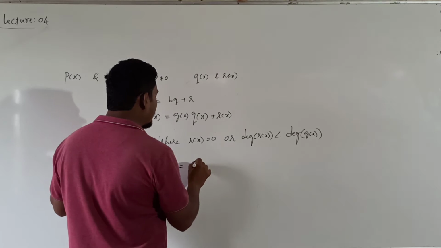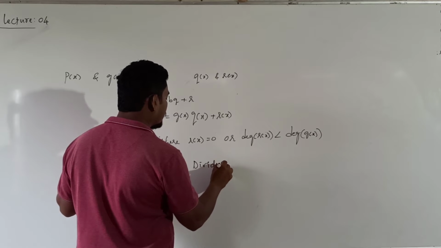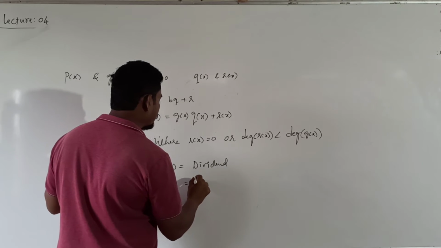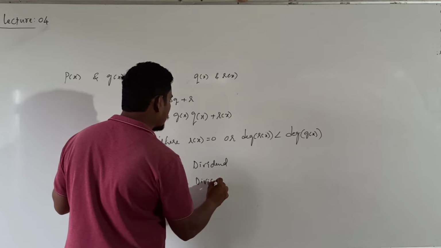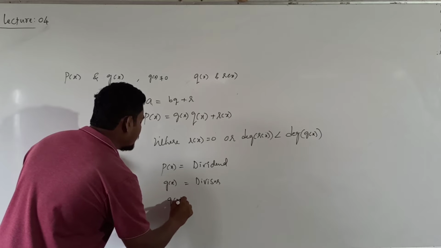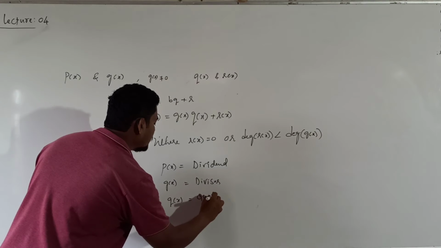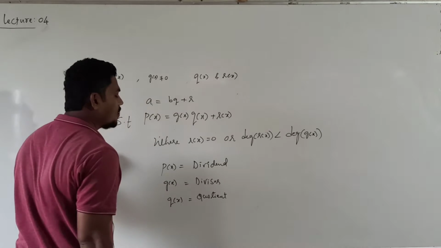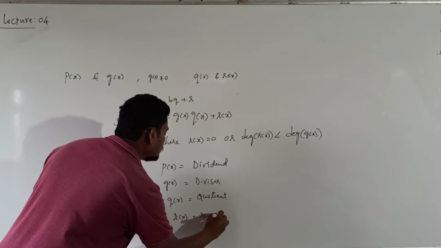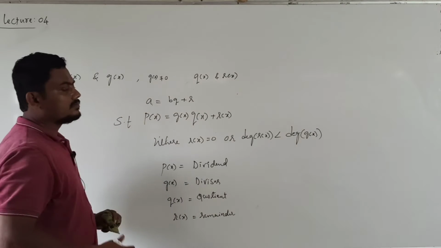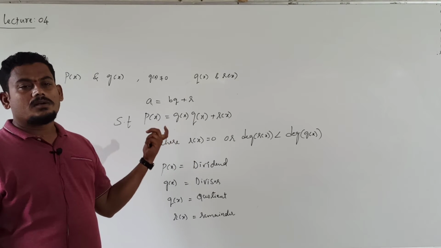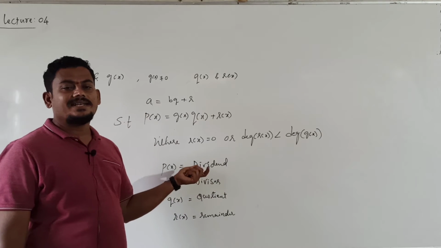P of x is dividend. Then g of x is divisor. Q of x is quotient, and r of x is remainder. And already we know dividend equal to quotient into divisor plus remainder.